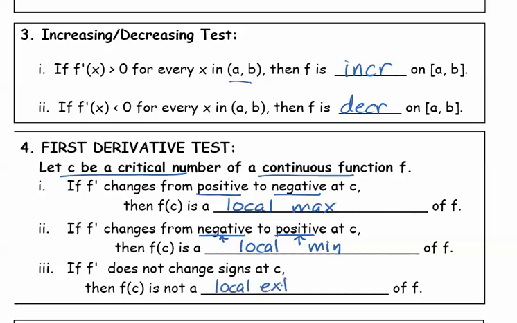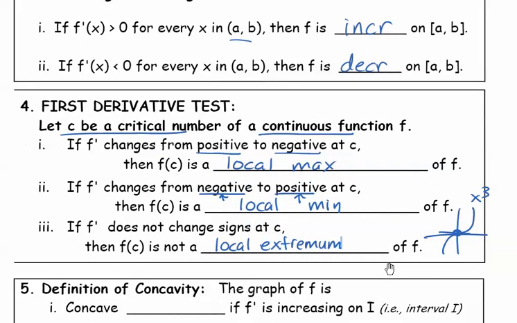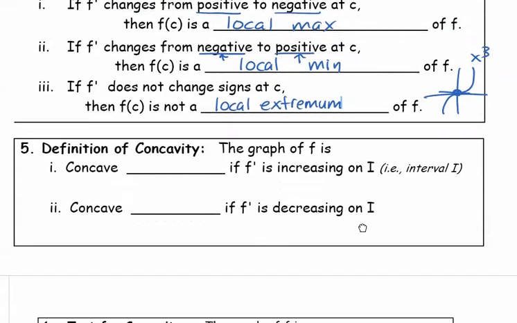And when could that happen? That could happen at a saddle point. So our typical example is x cubed. We know that there's a place with a horizontal tangent, but there's no extremum there because the first derivative does not change signs.